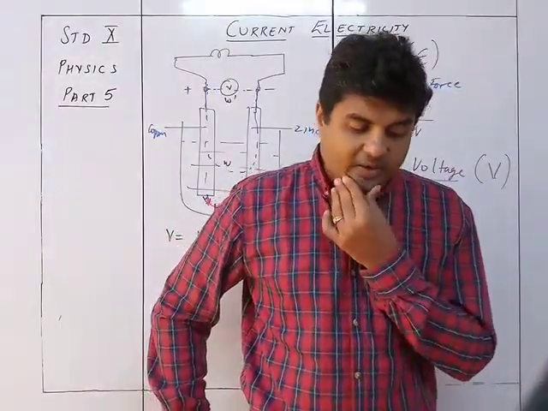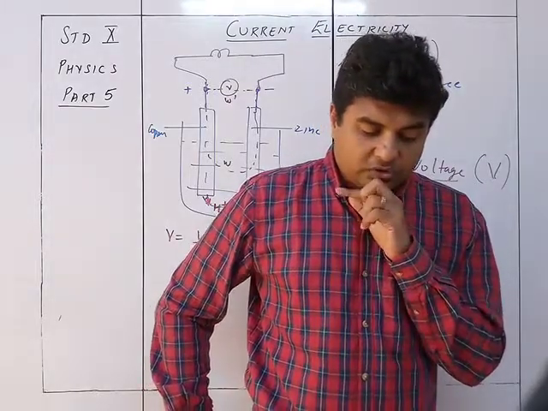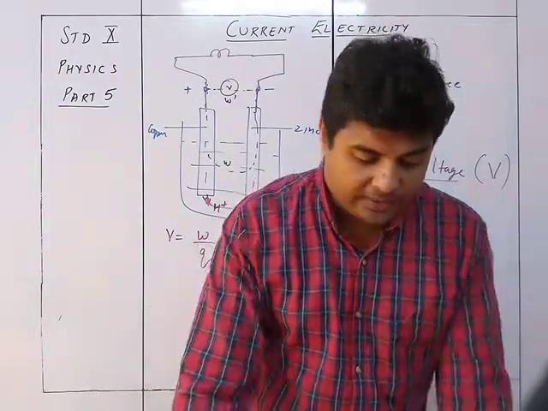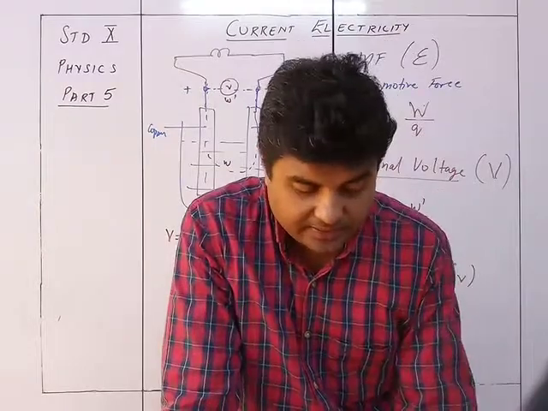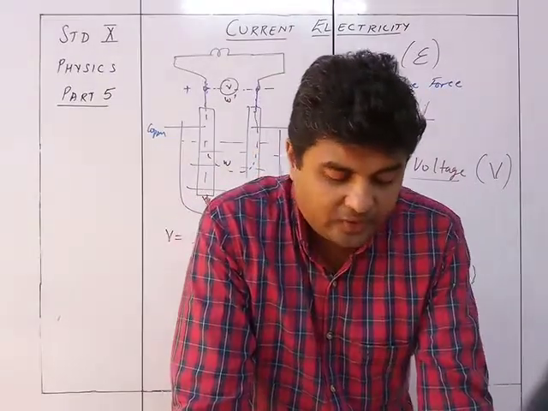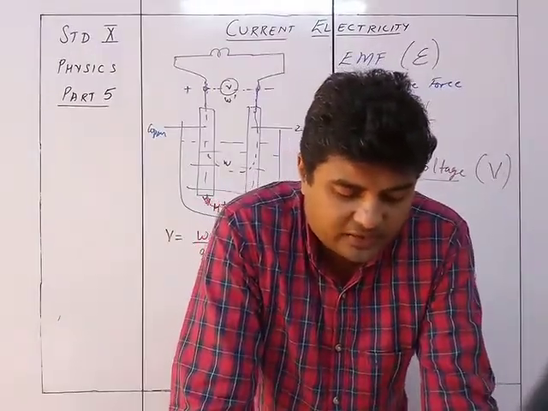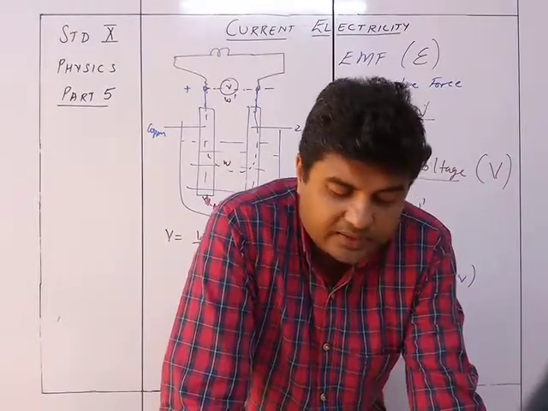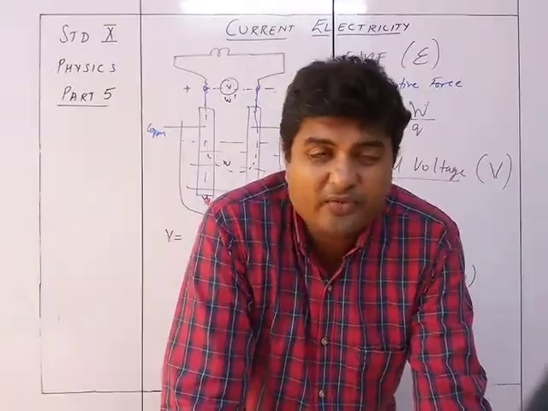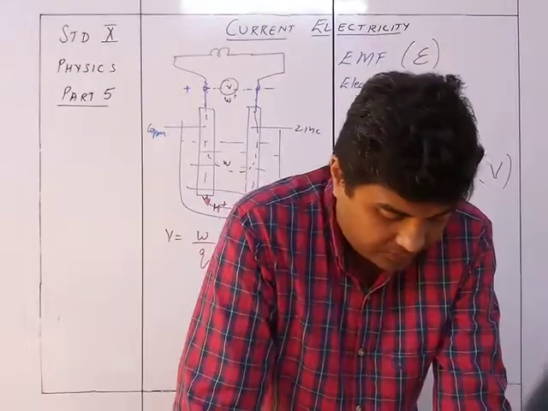EMF is equal to the terminal voltage when the cell is not in use, while it is greater than the terminal voltage when the cell is in use. Terminal voltage is equal to the EMF when the cell is not in use, and less than the EMF when the cell is in use.